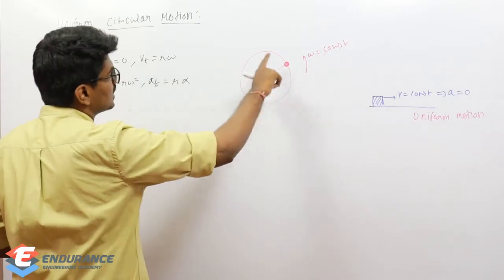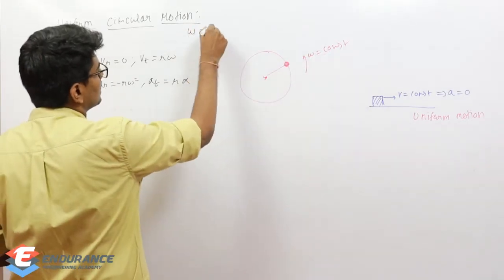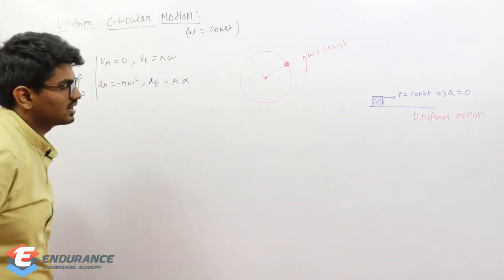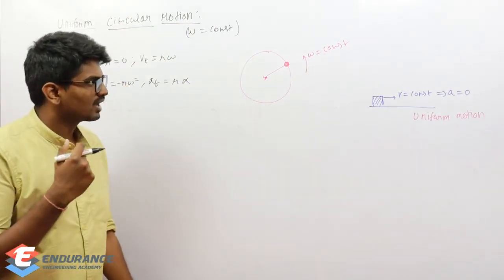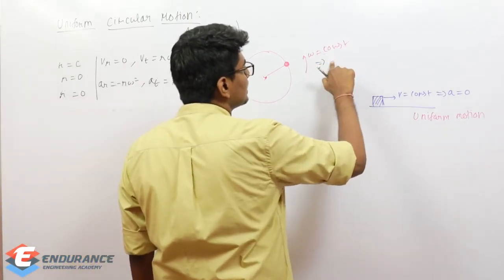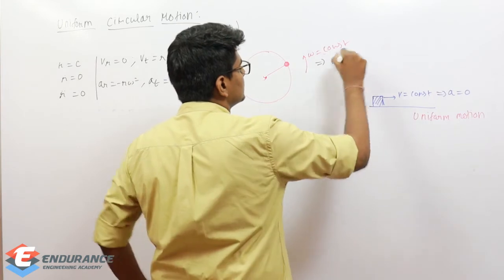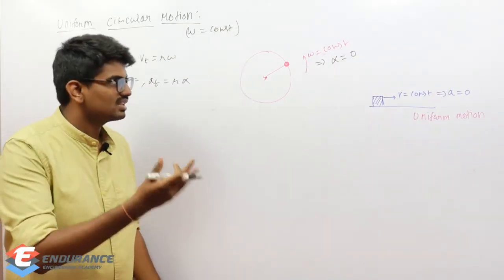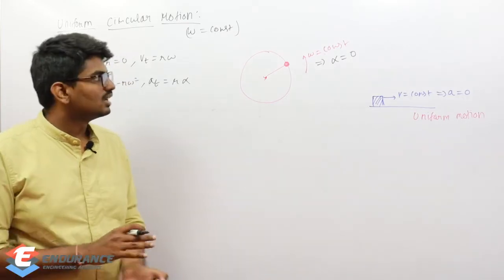If the particle undergoes circular motion with a constant angular velocity, then I will call it uniform circular motion. Obviously angular velocity is constant, so the corresponding angular acceleration will be 0, because angular acceleration is the rate of change of angular velocity.